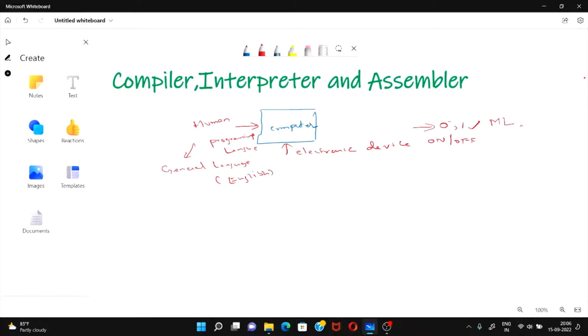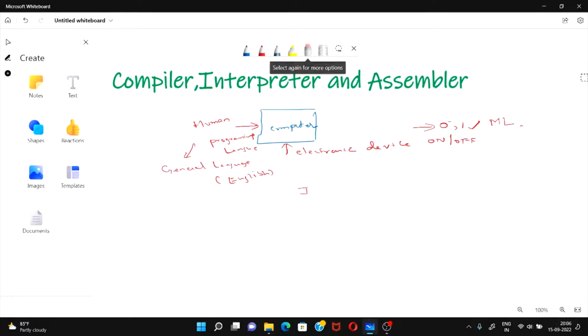So now the human needs to interact with the computer. Definitely we need some intermediator or mediator between the human and the computer, which is going to translate the human understandable language to machine understandable language. So that work is taken by the language processors.